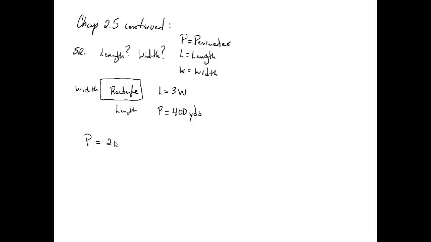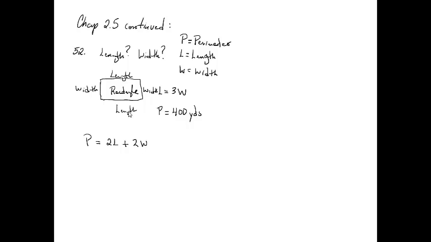It's going to be 2 times the length, because there's 2 of them, right? The length is also up here, plus 2 times the width, because again, the width is right here. And perimeter means add up all the sides around, the total distance around the field. So I have length plus width plus length plus width, also known as 2 length plus 2 width.